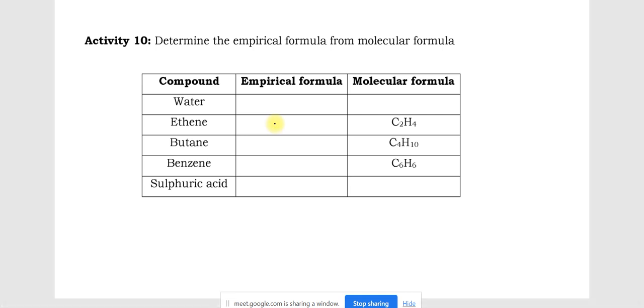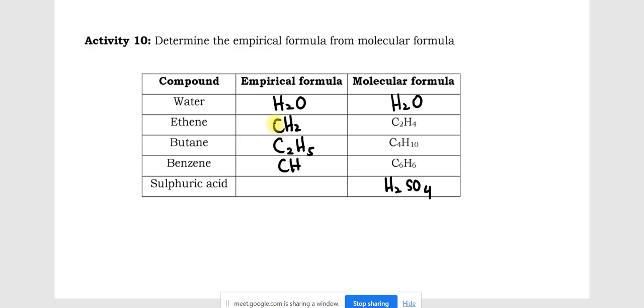Water's molecular formula is H2O. Can we simplify it? It is already simplified, so the empirical formula is also the same. Ethene's actual formula is C2H4, so the empirical formula is CH2. Butane's actual formula is C4H10, simplified to C2H5. Benzene is C6H6, which becomes CH. Sulfuric acid is H2SO4.